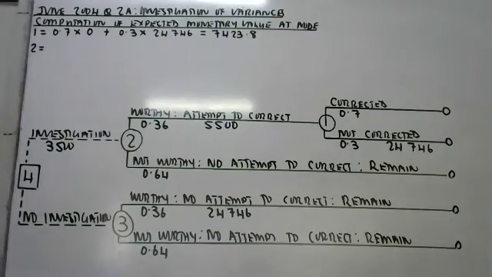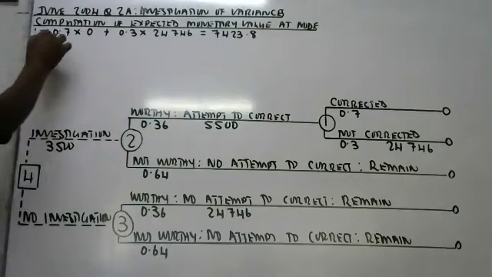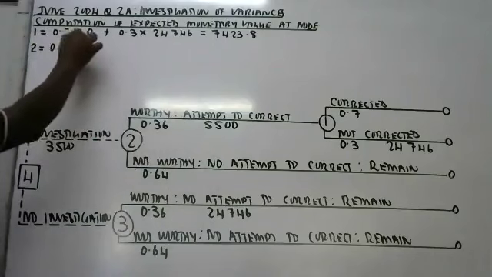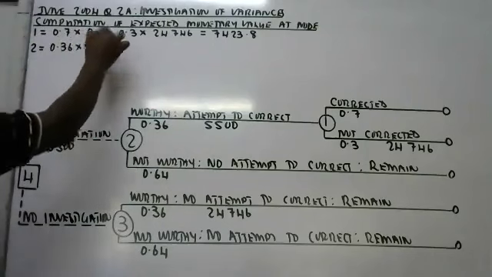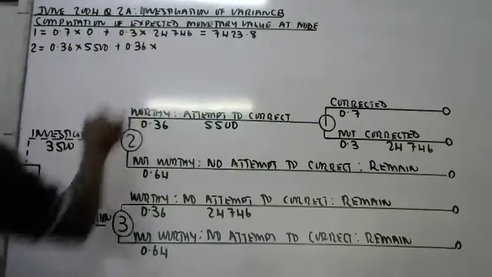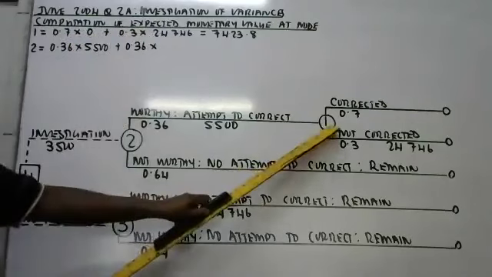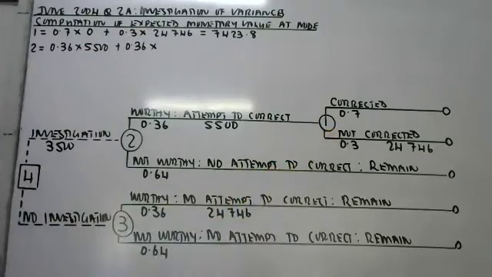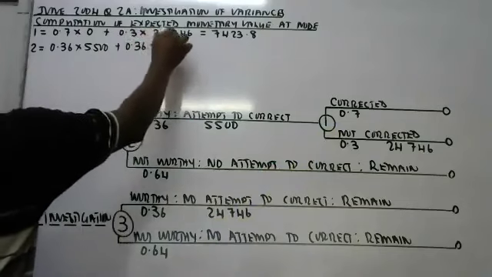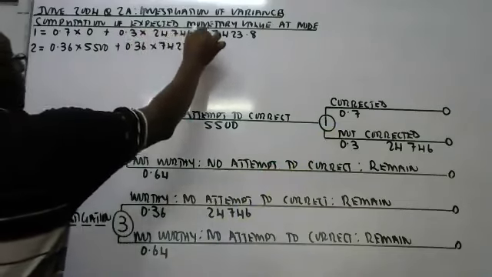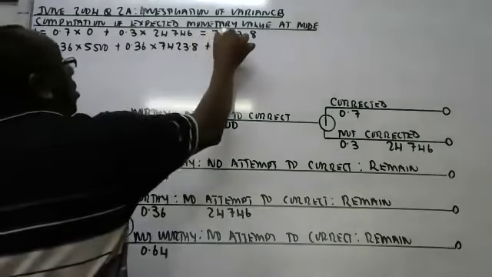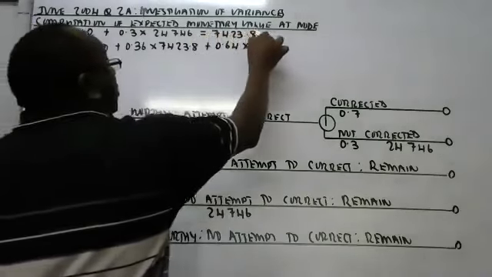Now, node number 2, you will have 0.36 multiplying these 5,500 plus 0.36 again multiplying this value that we have gotten here, which is 7423.8, plus 0.64 multiplied by 0.